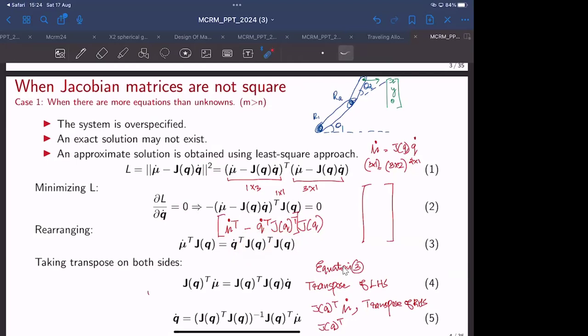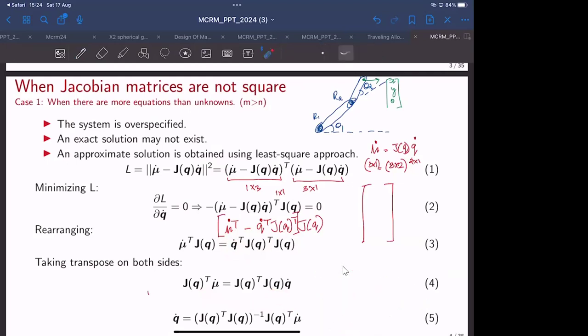So that is J of q transpose, the whole transpose. That is J of q itself. And the third term would be this term, q dot transpose, the whole transpose. That is q dot. Right? So this term comes over here, and this term comes over here. I hope that is clear. Yes, sir.